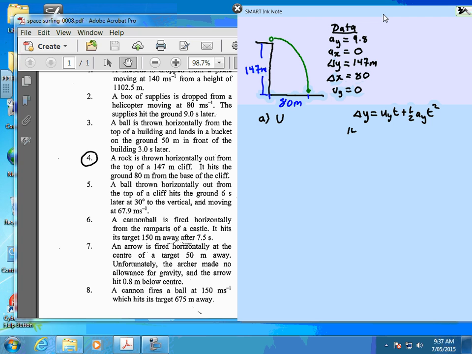I get 147 equals, that bit's 0 because uy is 0, plus 1/2 times 9.8 times t squared, which means I'm going to end up with t equals the square root of 2 times 147 all over 9.8, which equals, that's the way you rearrange it. 5.47 seconds.